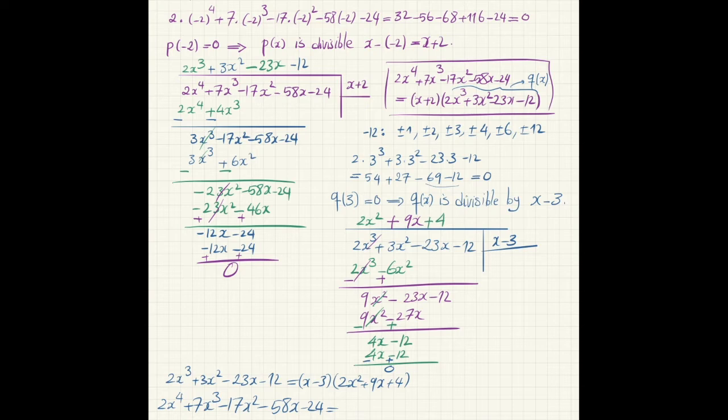I already had x plus 2 here, and instead of this expression I put this. So I have x plus 2, x minus 3, and then I have 2x^2 plus 9x plus 4. But I might be able to factorize this one even more.